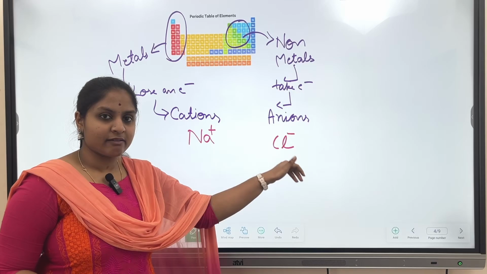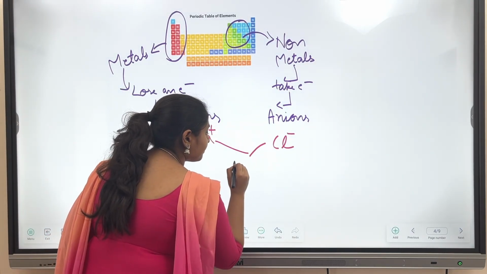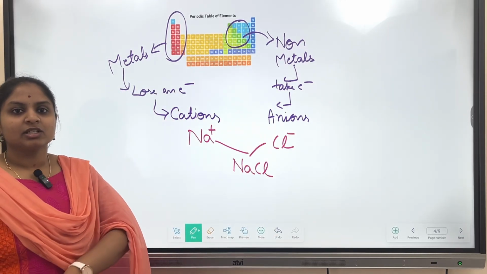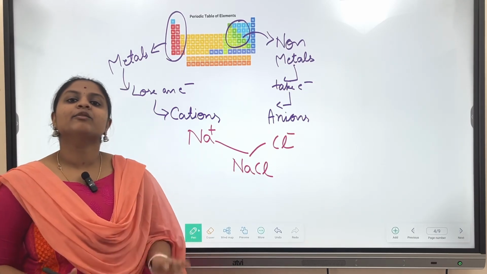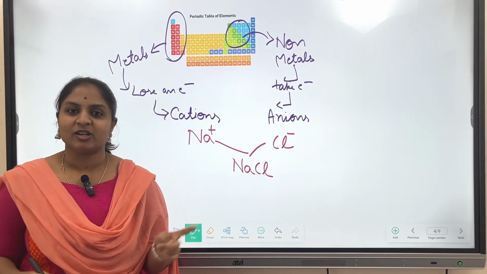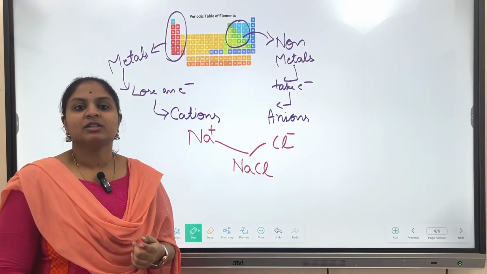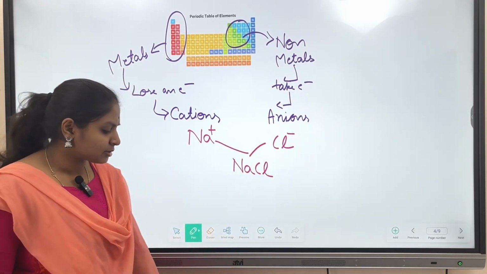Now because sodium gave an electron and chlorine took it, these two are going to combine to form a compound NaCl, sodium chloride. So in any compound there will be one cation, one anion. Cation is the one who is giving an electron and anion is the one who is taking an electron. So we are clear about cations and anions.